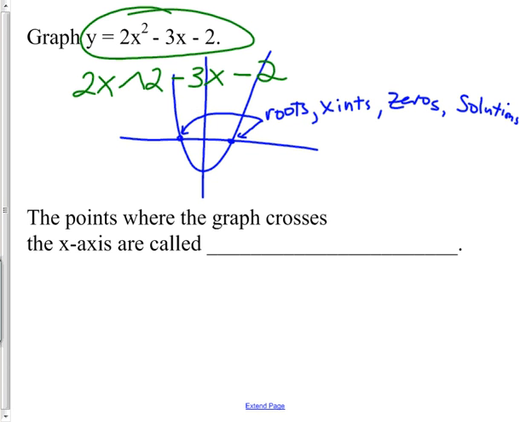So, type this thing in. 2x squared minus 3x minus 2. And then hit graph. And if it doesn't show up, type zoom 6. Zoom 6 is a good zoom. It gets you the window that you probably want.